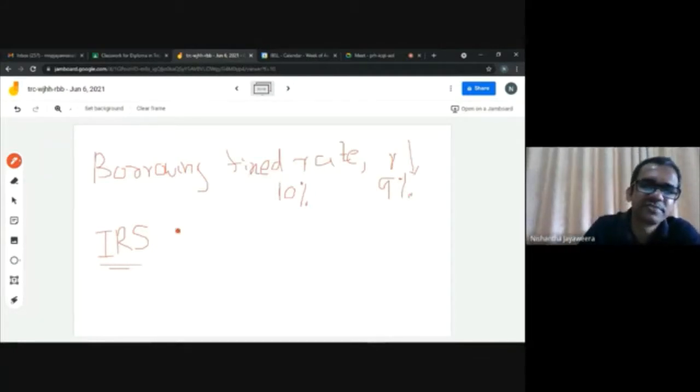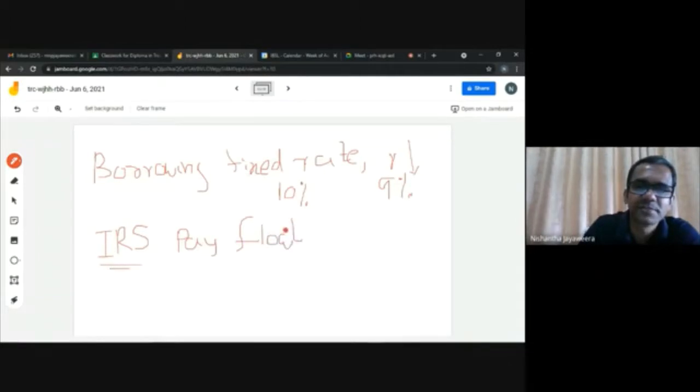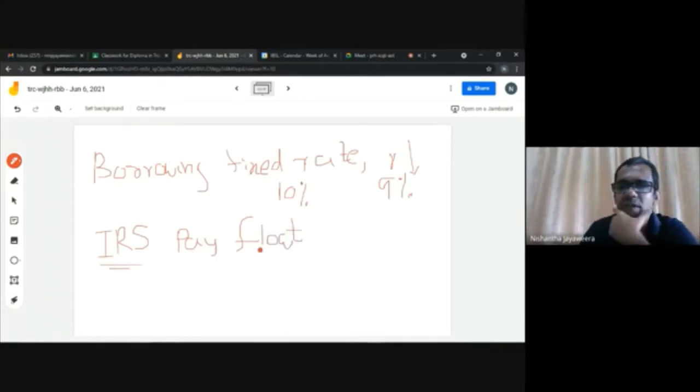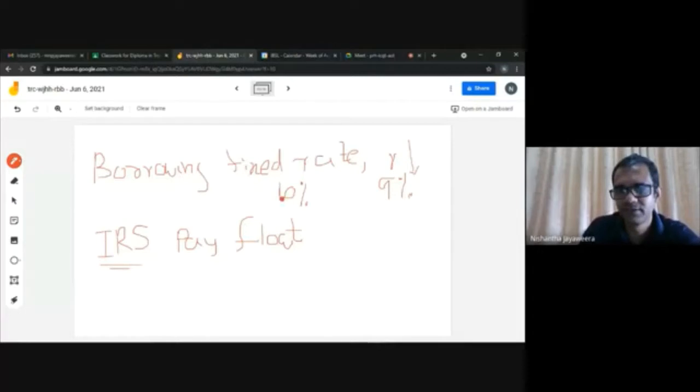Pay float and receive fixed. Whenever you say pay float, when the interest rate goes down, you pay less amount because your interest rate going down. You pay at that rate. So you pay float and receive fixed.